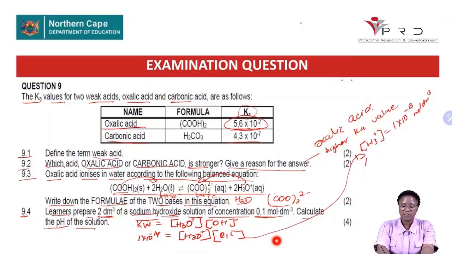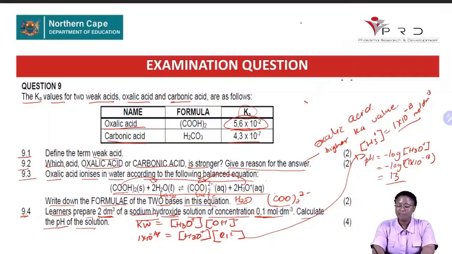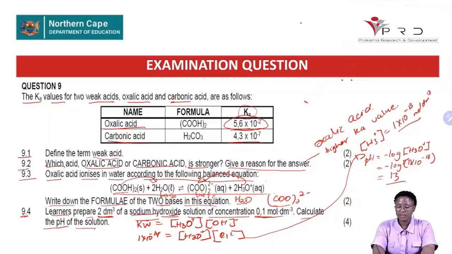It's easy now. pH is equal to minus log of the concentration of hydronium ion. Then you substitute the concentration of hydronium ion, which is 1 times 10 to the power negative 13. And the pH will be 13 if you calculated it correctly in your calculator.